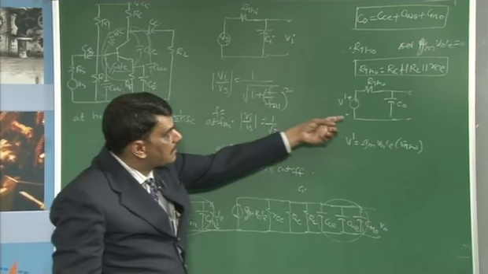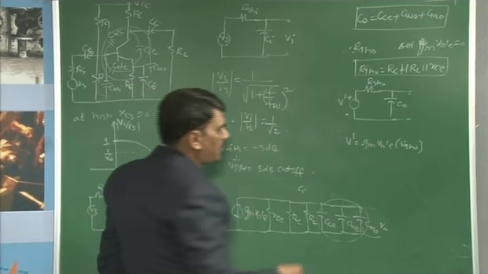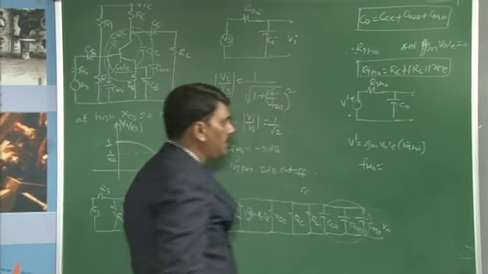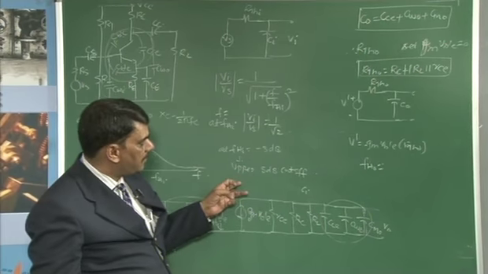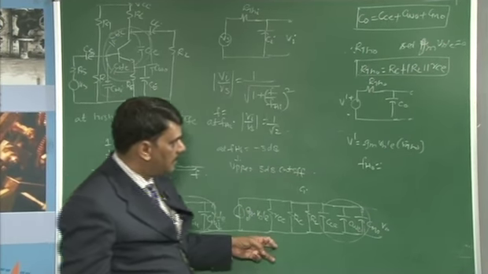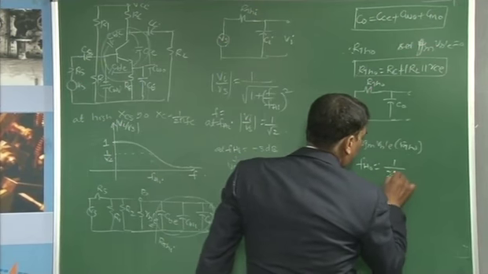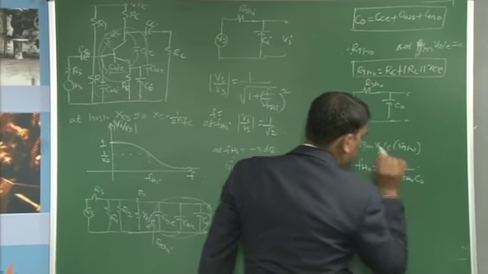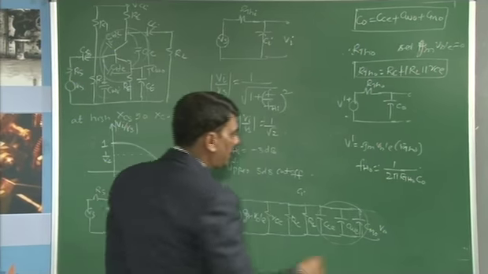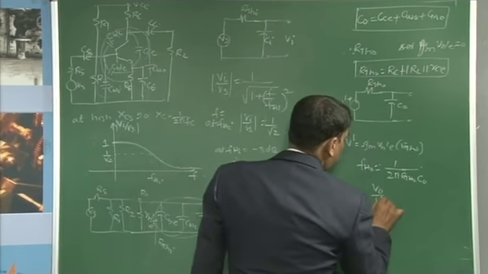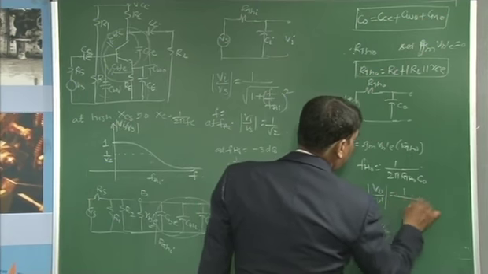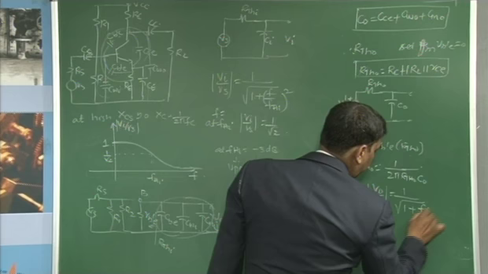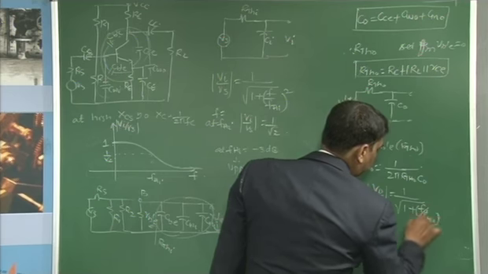Then the frequency FH naught, the upper minus 3 dB cutoff frequency at the output circuit, is given by 1 by 2 pi RTH naught into C naught, and the ratio magnitude V naught by V dash is equal to 1 divided by square root of 1 plus F divided by FH naught whole square.